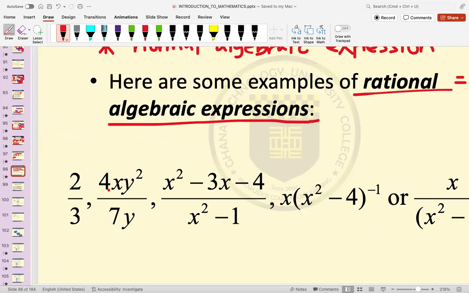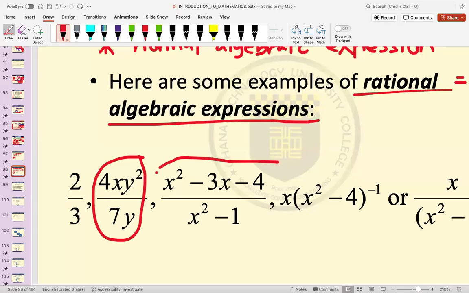So look at this one, 4xy squared divided by 7y. This is a rational algebraic expression. 4 is an integer, 7 is an integer, xy squared over y is an algebraic expression. So this is a rational algebraic expression.